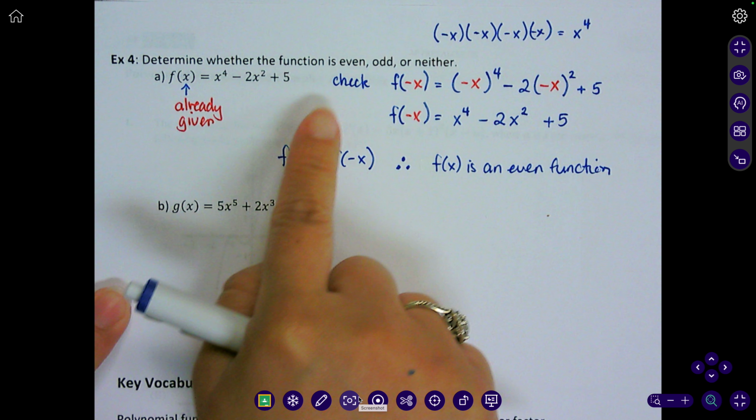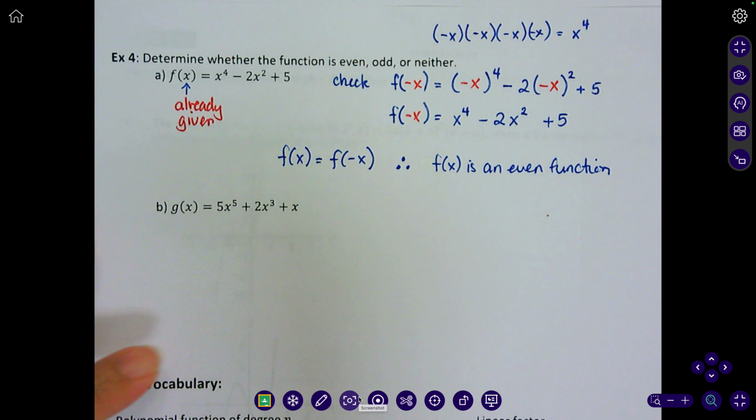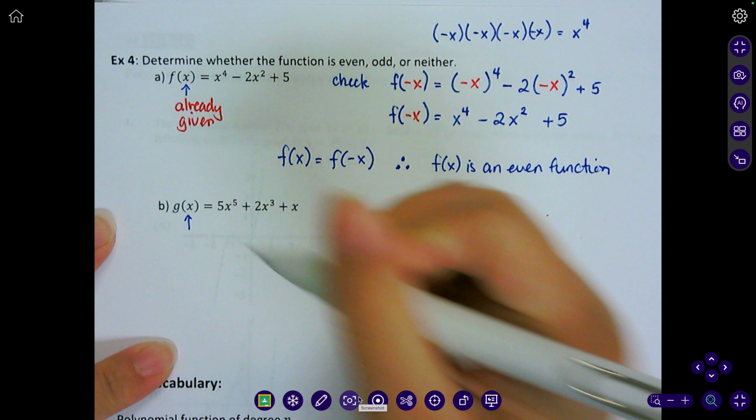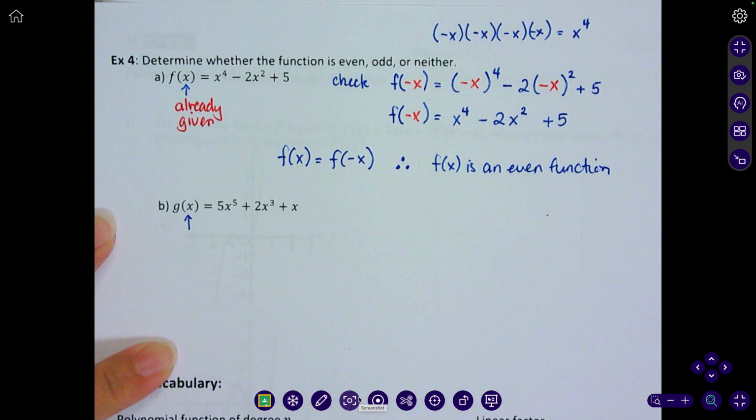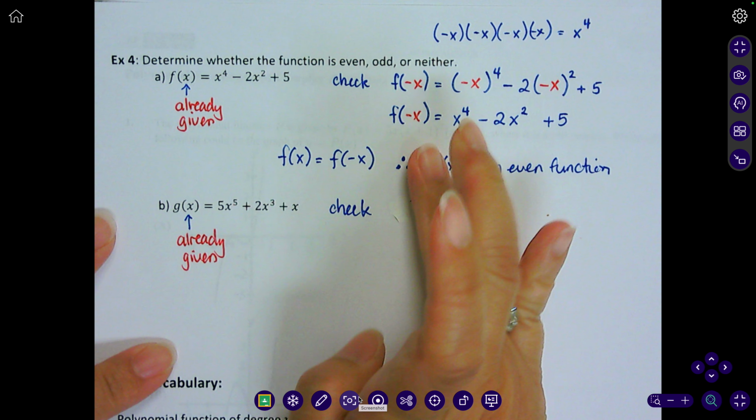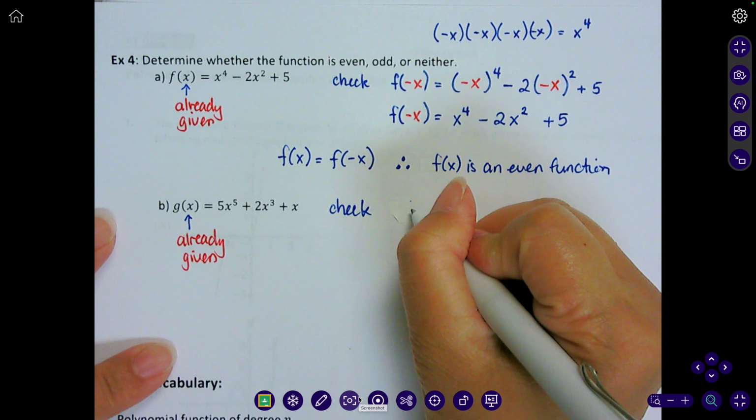All right, let's do the next one. I want to check whether the function is even, odd, or neither. So this is already given. I am not going to touch that. I'm going to check the negative 1. So I'm going to check g. This is g.